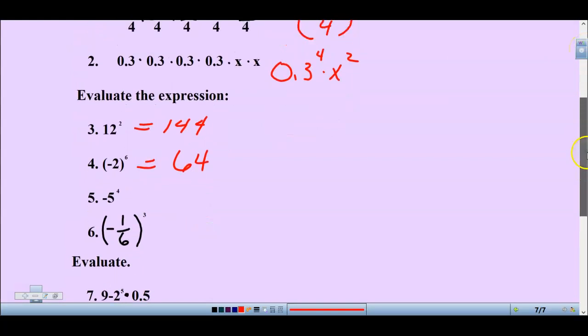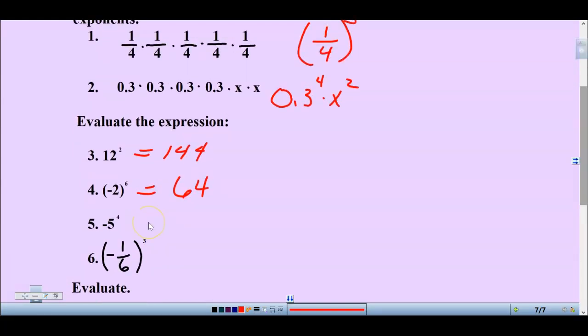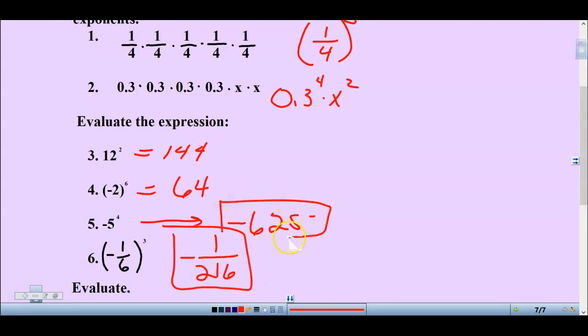Number 5 is a negative. In fact, number 5 is negative 625. Right? Keep going. We have negative 1 2/16. That is a fraction answer. That's okay. That happens.